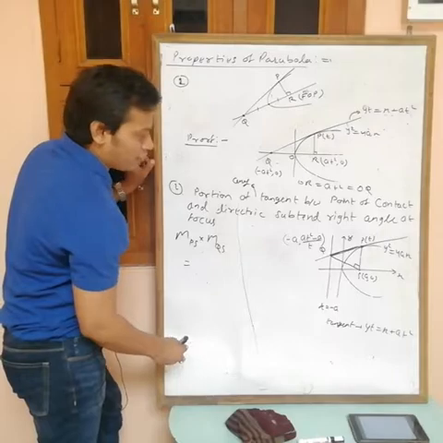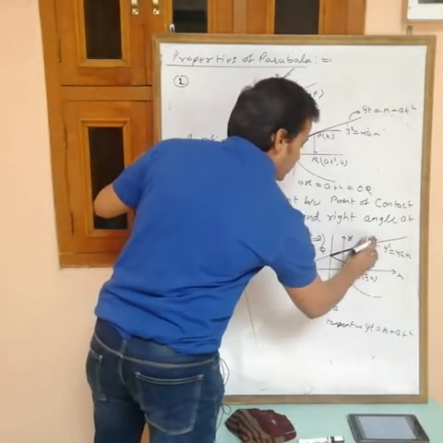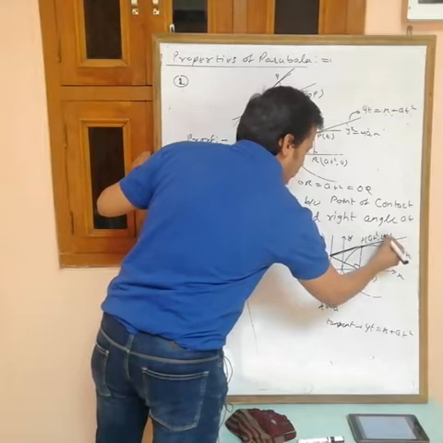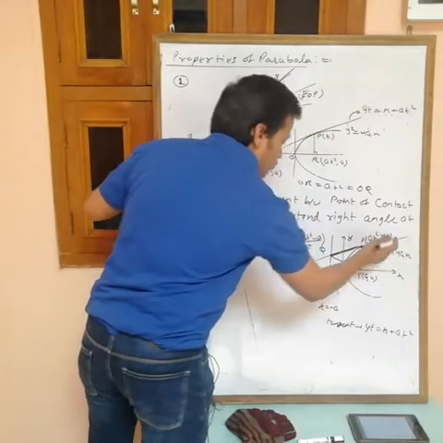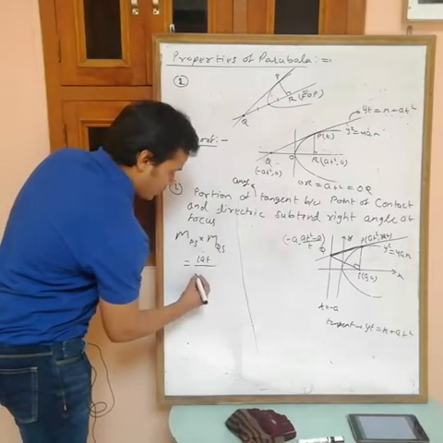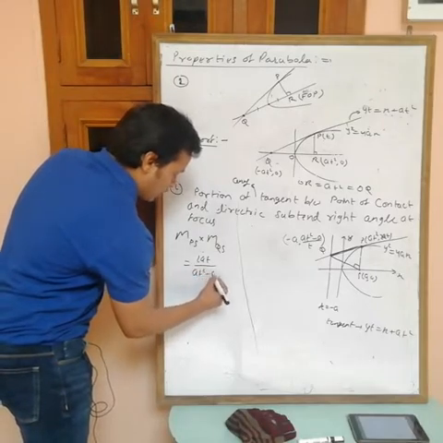y2 minus y1. Here P is t, it means at square comma 2at. Okay na, general point. So y2 minus y1, 2at by x2 minus x1, at square minus a.